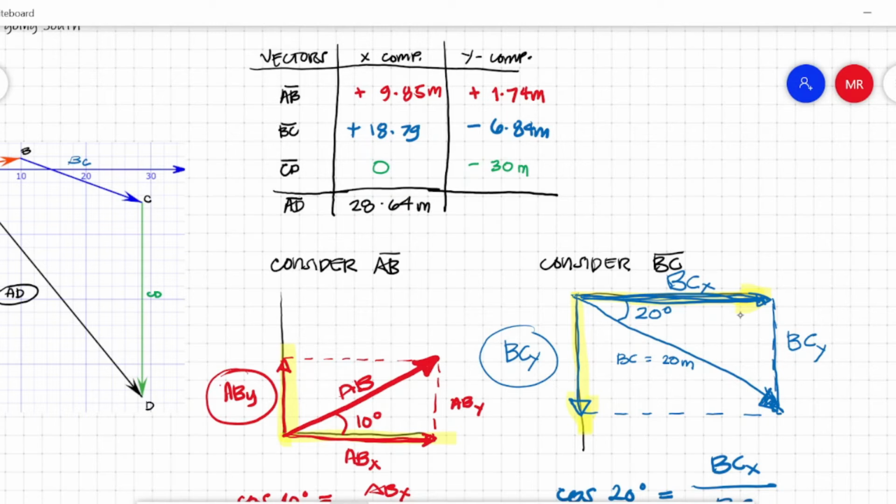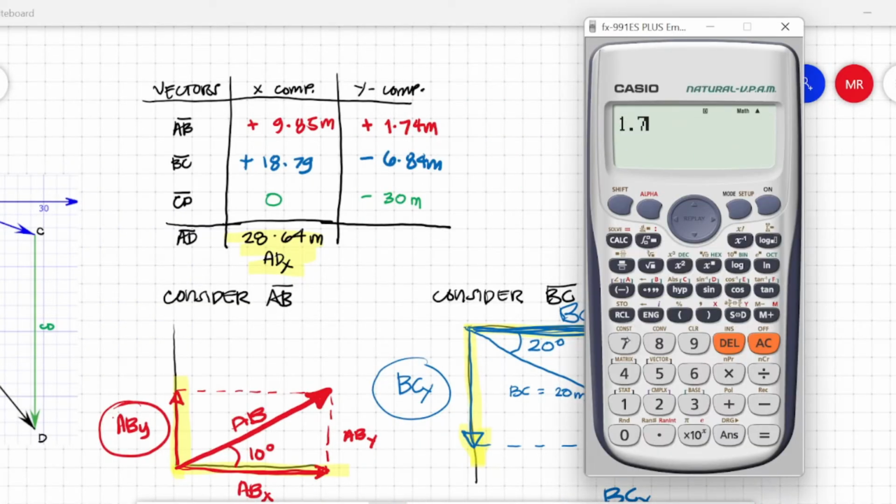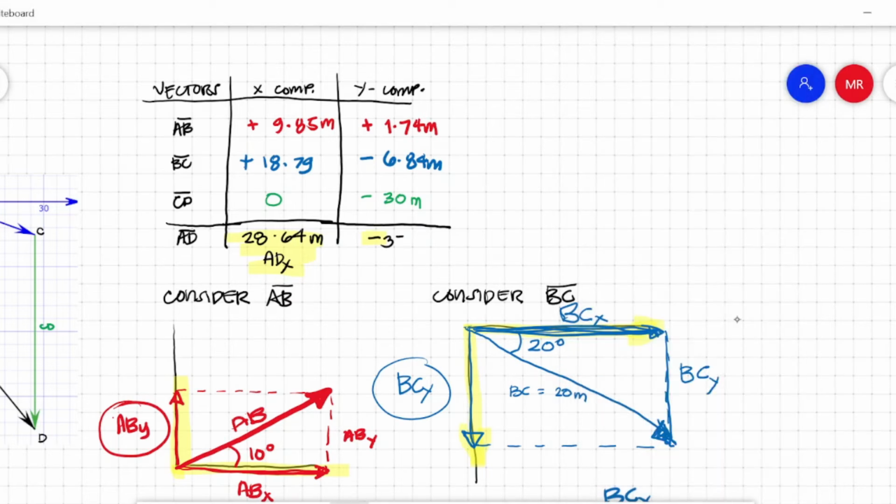This is now your ADX. And let's also sum up the Y component. 1.74 minus 6.84 minus 30. The answer will be negative 35.1 meters. This is your ADY.